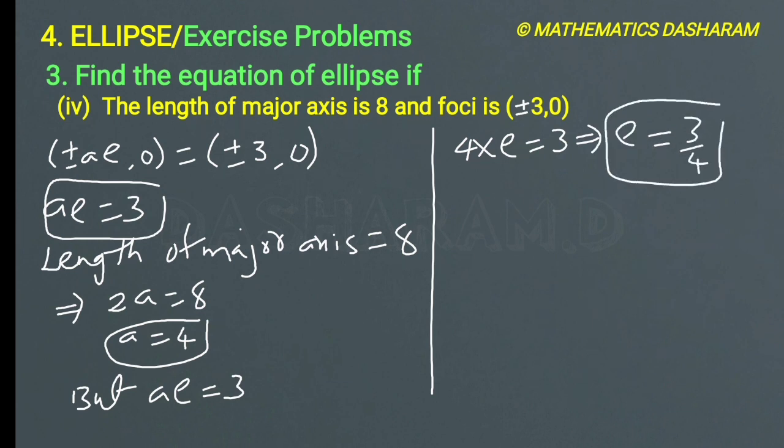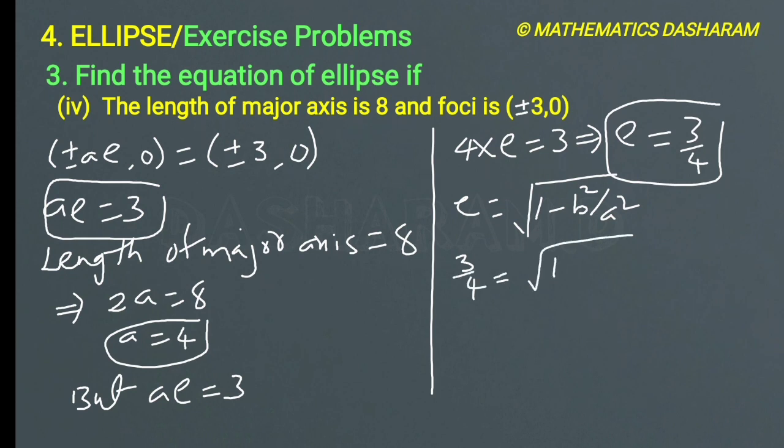So to find out the b value, use the eccentricity formula. The formula is e equals under root 1 minus b square divided by a square. So e value, how much? 3 by 4. So 3 by 4 equals under root 1 minus b square, required answer, divided by a square, that is 4 square. Now the square root transpose to left side.